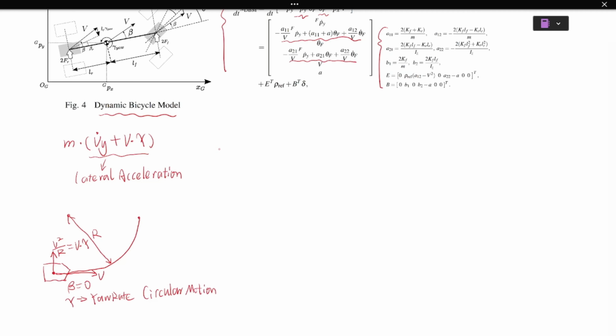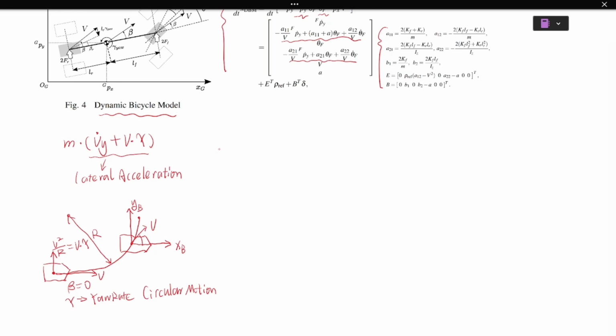And when the vehicle goes to here, the tangential speed is v, and this is the vehicle. So this is the headline of the vehicle, and also in the base coordinate system, this is xb axis, and this is yb axis.